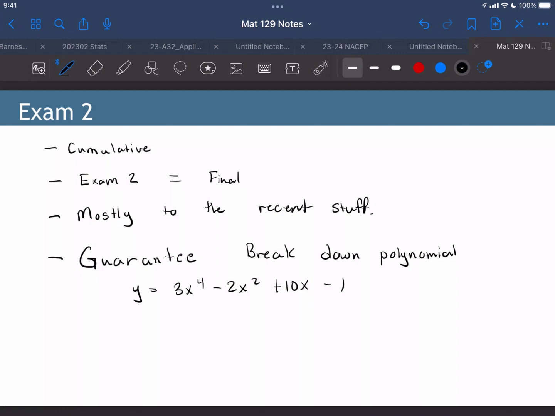How many terms does it have? How many zeros could it have? Descartes' rule of signs, rational root theorem, try to break it apart. What's the multiplicity of these zeros, right? All that stuff, super, super important.